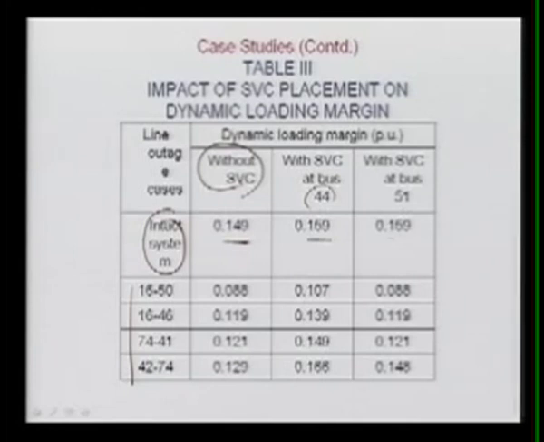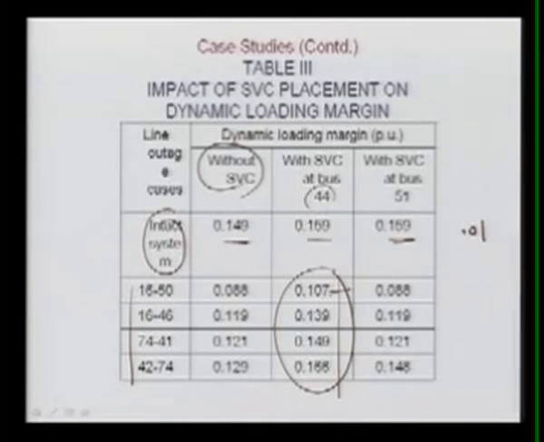However at 51 there is no increase and both are the same. But for the outage cases, the value is higher, so we can say 44 is the best location for placement, and we are getting more loading. However, in this case the loading margin is not so substantial, the difference is only 0.01 from here to here.